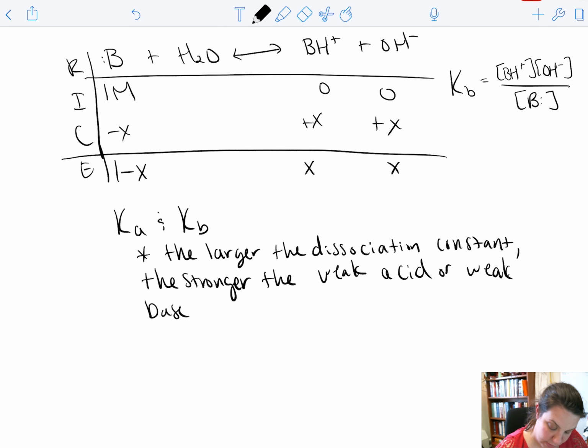As a note, our strong acids and strong bases do not have Kas or Kbs, or they're incredibly large.